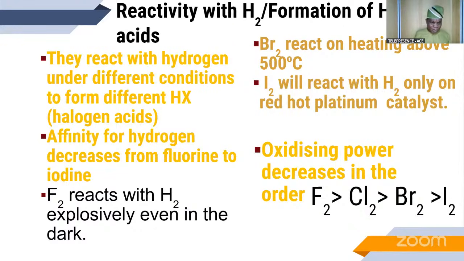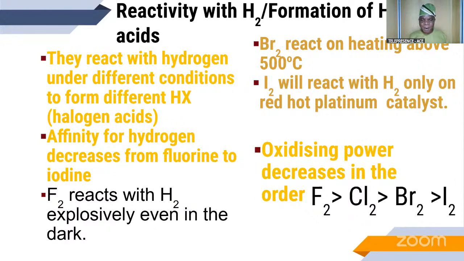Fluorine reacts with hydrogen explosively, even in the dark, while bromine reacts on heating above 500 degrees Celsius. Iodine will react with hydrogen only when red hot and using platinum as a catalyst.